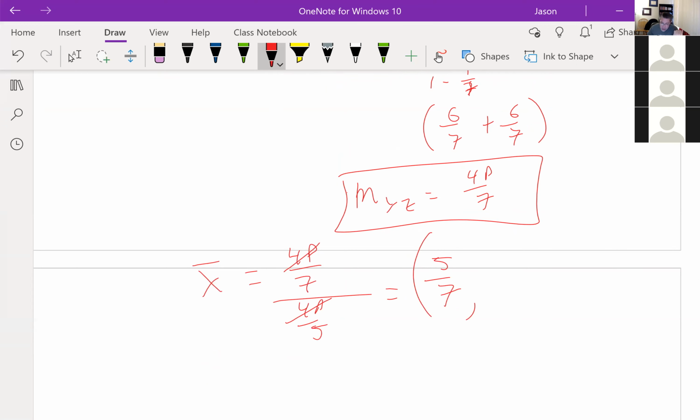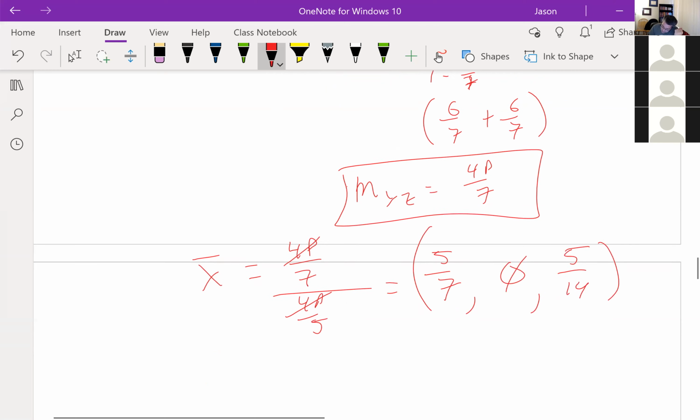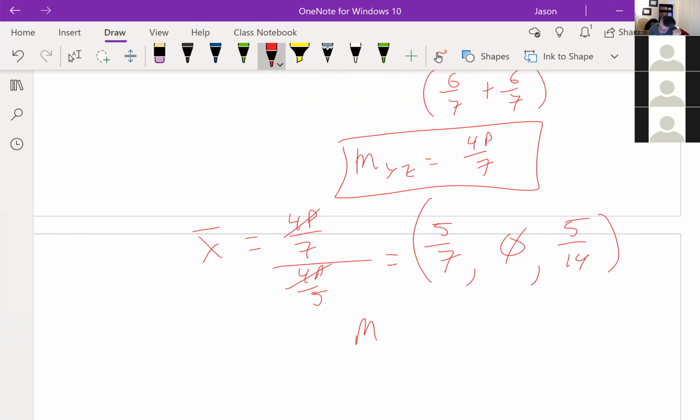The other ones are going to be 0. And the last one is going to be 5/14 because m of xz is equal to 0, but m of xy would have been equal to 2p over 7.